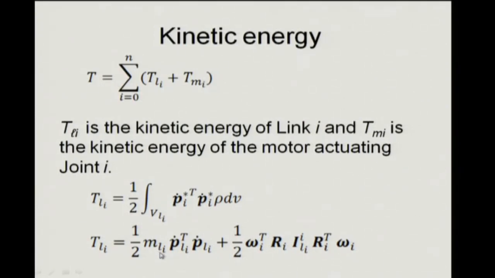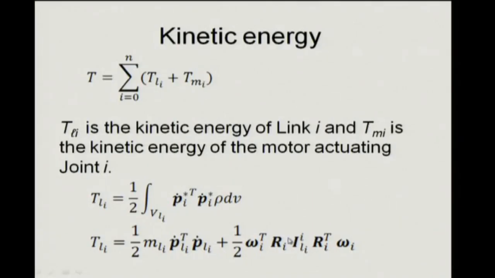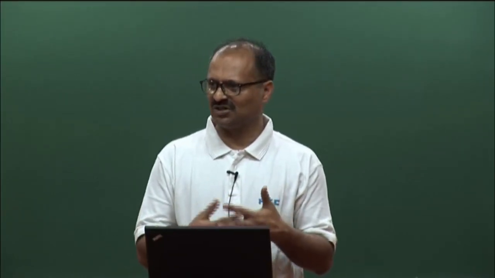One is the mass of the link into velocities of the center of mass of the link, and the other term is due to the moment of inertia. Well, actually there are three terms. There is due to rotation, due to translation, and there is something called the mutual coupling, and the center of mass is defined as a point where the mutual coupling becomes equal to 0. So, you can go back into your Shames or your Meriam and look it up.